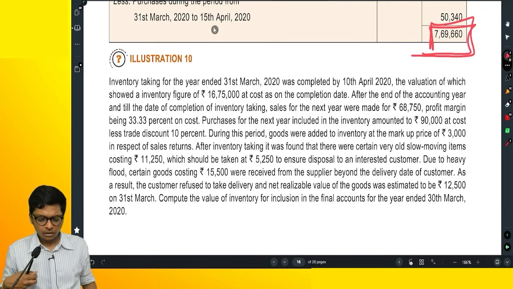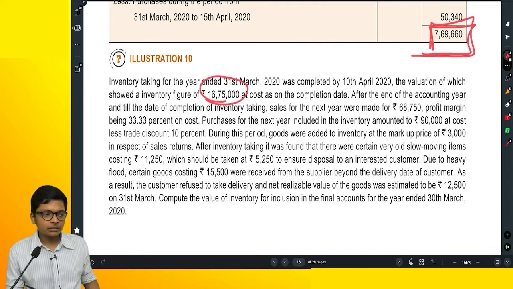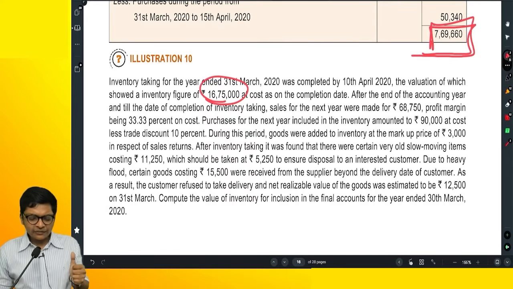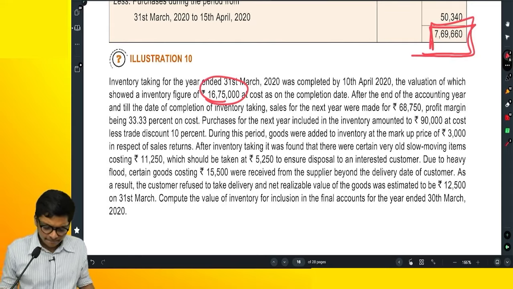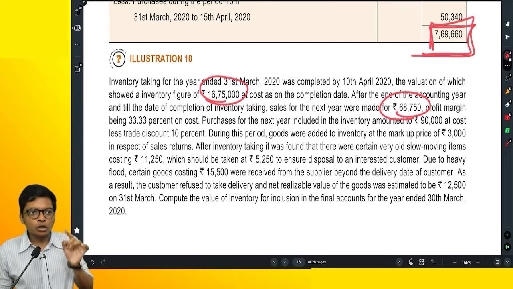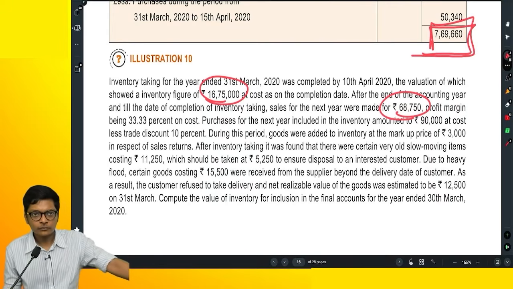First, you start the sum with what? 16 lakh 75,000. Is that clear for everybody? Sales will be added, that we all know. What is the sales? 68,750 I will add. Gross profit will be subtracted. How much is the profit?